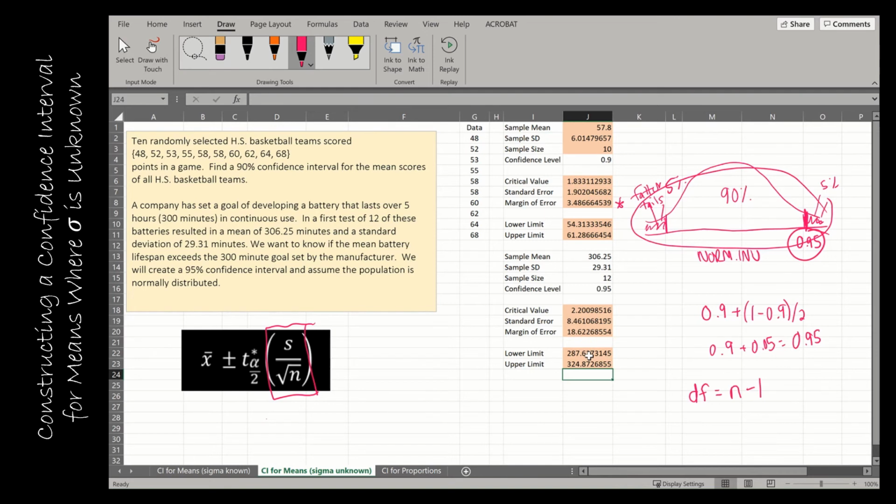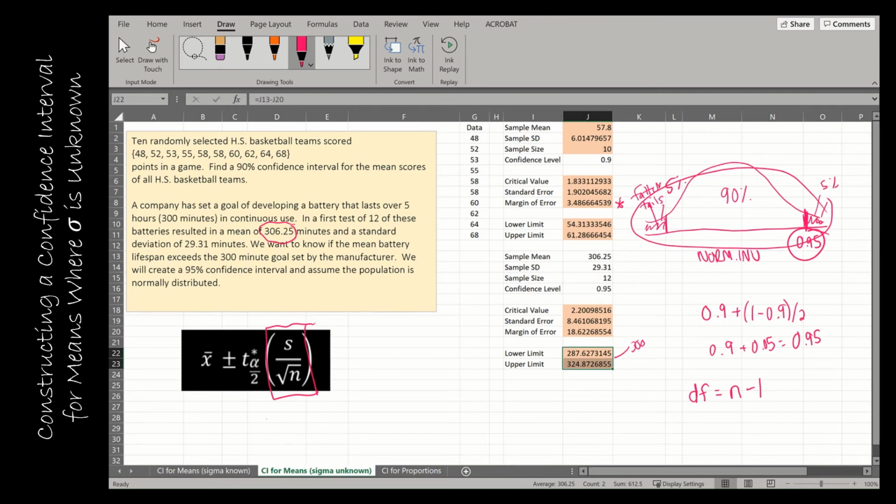And based on this, we can't say that the lifespan exceeds the 300-minute goal because 300 is in here. And so if 300 is in the interval, then there's not enough evidence to say that the mean lifespan is more than 300. And a lot of people get confused by that because they say, well, my sample said it was 306.25, but that's one sample of 12 batteries.